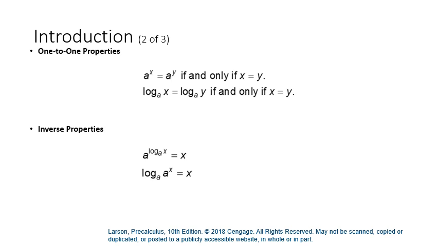And what it essentially says is that if you have a log base or an exponential base that are the same, and you have a left-hand side with it and a right-hand side with it, then you can essentially drop the log or drop the exponent and just set the rest of it equal.